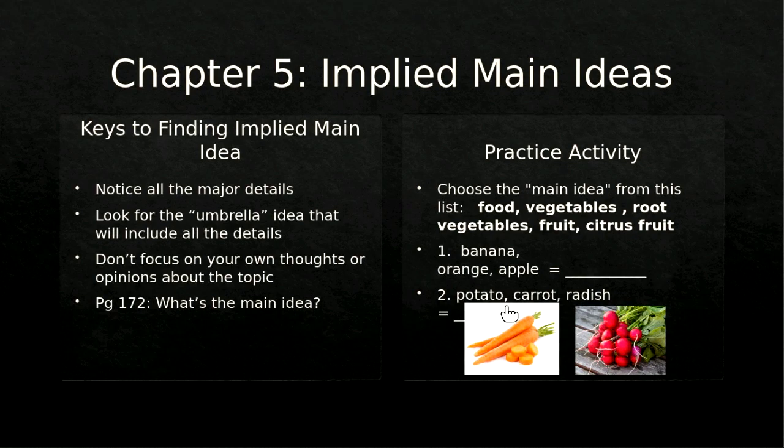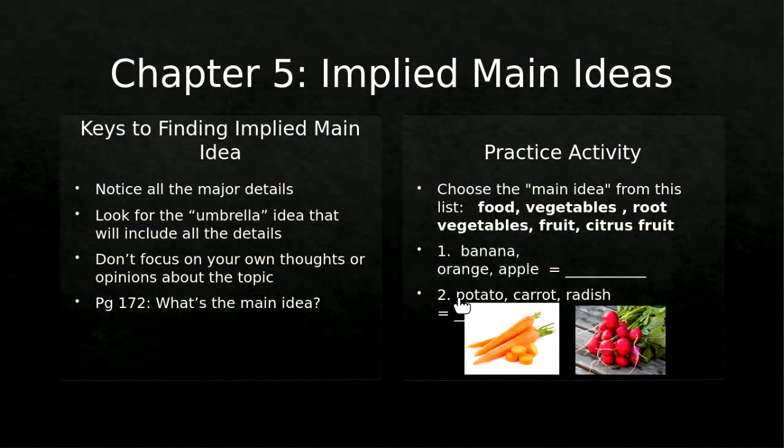Now, my PowerPoint formatting messed up when I put it in Blackboard. There's supposed to be a blank here. So we have these 3 items: potato, carrot, and radish. Okay. Welcome, Alan. I see you joined us. So jump right in here. This is just my little practice.